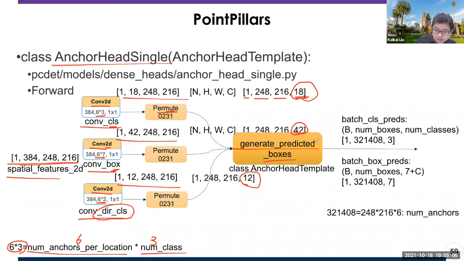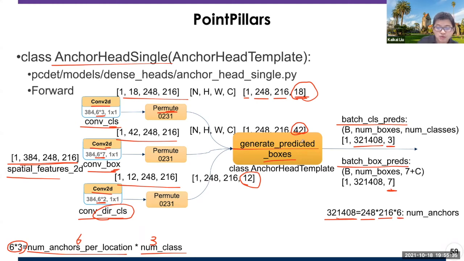Then they go to the generated predicted box header, which outputs the classification and the bounding boxes. This 3 means classes, and this 7 means the box dimensions. This number is 248 times 216 times 6, the total number of boxes.